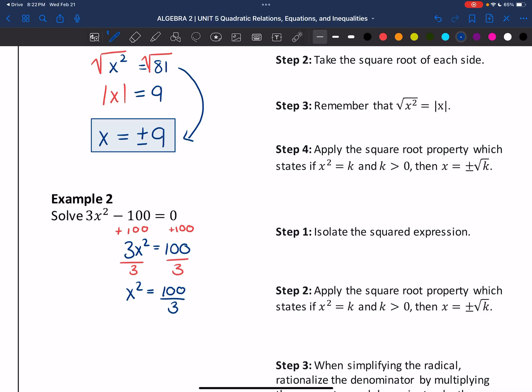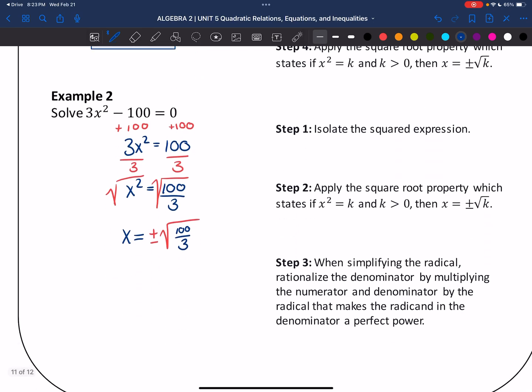I then need to go ahead and apply my square root property, and in doing so, if I'm taking the square root of each side, then what I'll have is x is equal to both the positive and negative square root of 100 over 3.